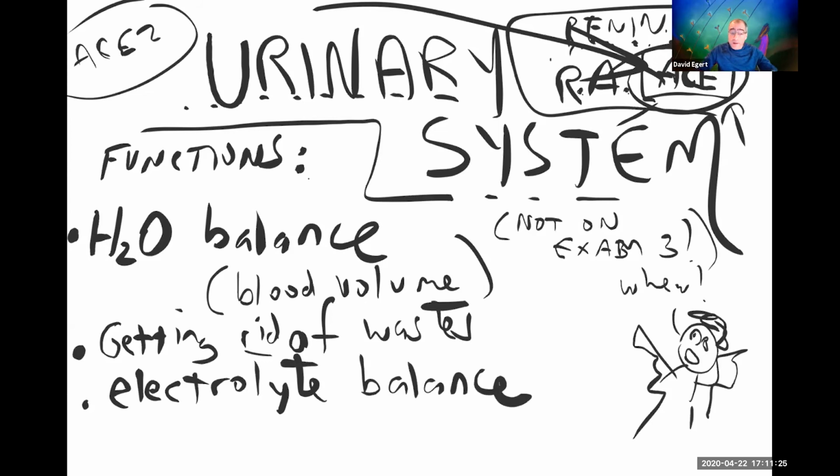Exactly. So we've seen since the beginning that the levels of sodium and potassium and chlorine and all that are critical for your cells functioning. All of those voltages across the membranes, all of the excitation of neurons and muscles, all depends on having the appropriate concentrations of ions inside and outside the cells. So it's critical that you have the correct salt balance in your body. And so the urinary system is going to be doing that, either holding it in or peeing out more if you've got too much. So they're going to be critical in electrolyte balance.